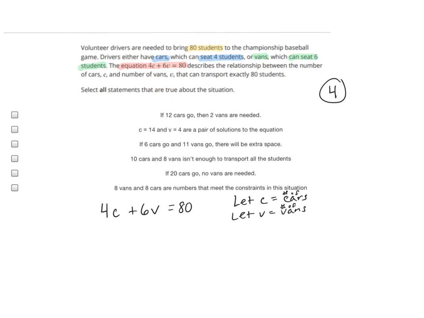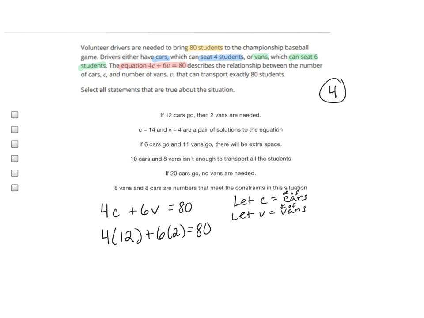So I'm just going to go through a couple examples of what you need to do. It says if 12 cars go, then 2 vans are needed. All right, so to test this, we can plug in 12 for cars and 2 for vans. Now this equation wants to get at least 80 students to be able to go.